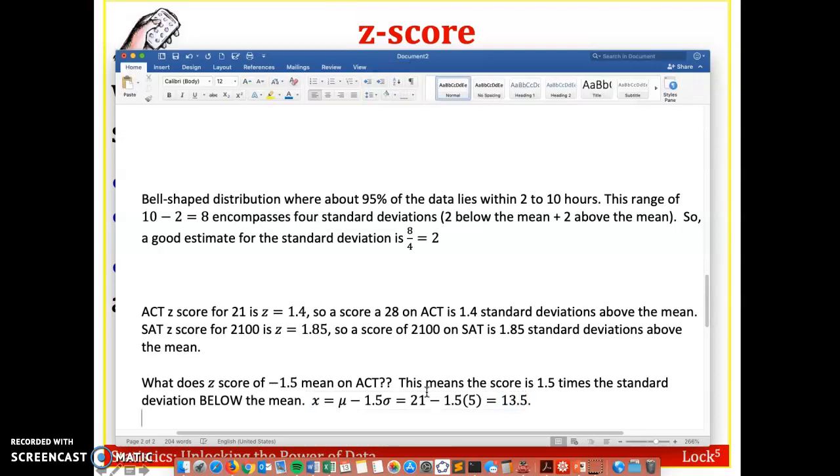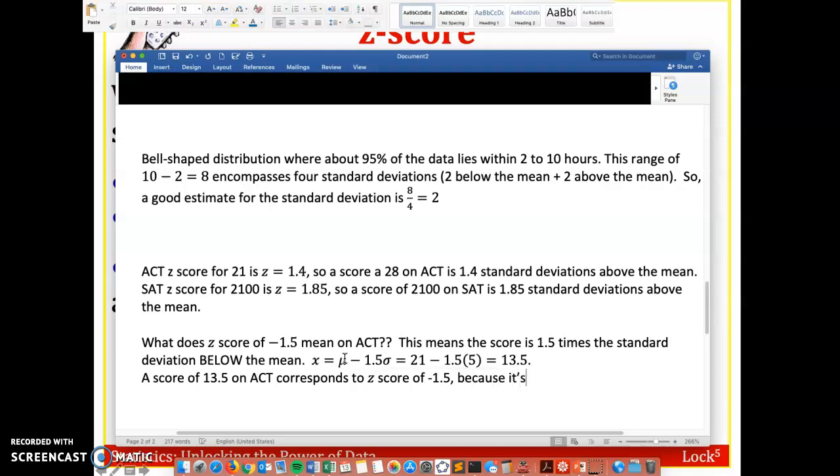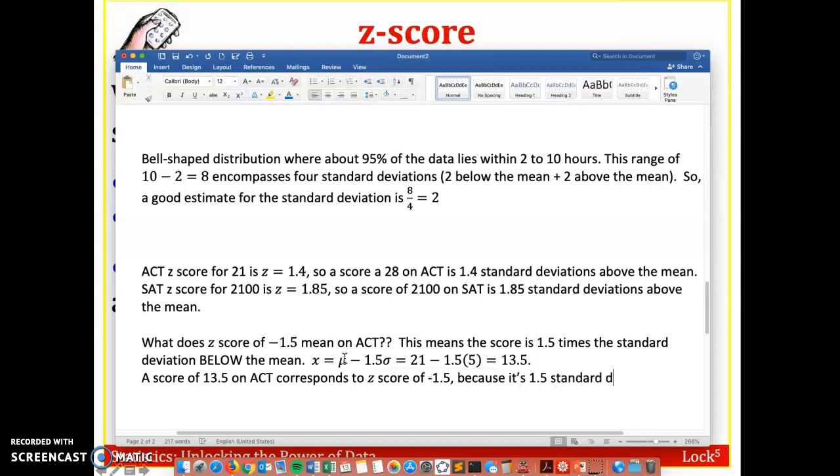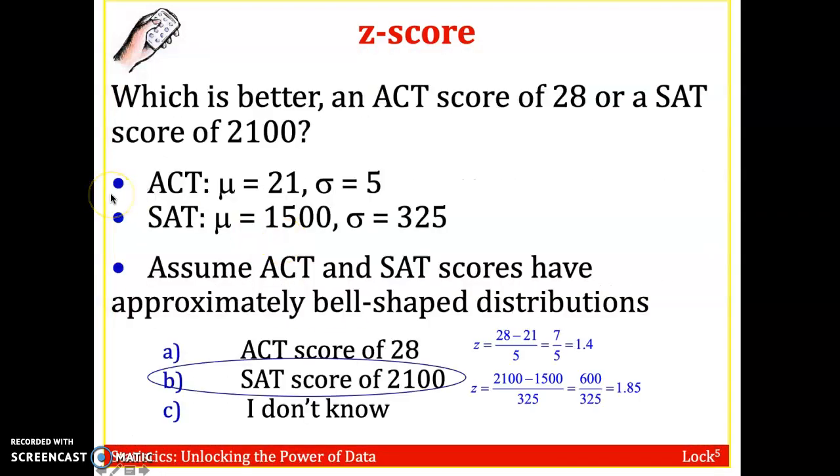So this is saying a score of 13.5 on the ACT corresponds to a z-score of negative 1.5 because it's 1.5 standard deviations below the mean. All right. So z-scores are really nice because this is called standardizing or normalizing scores.